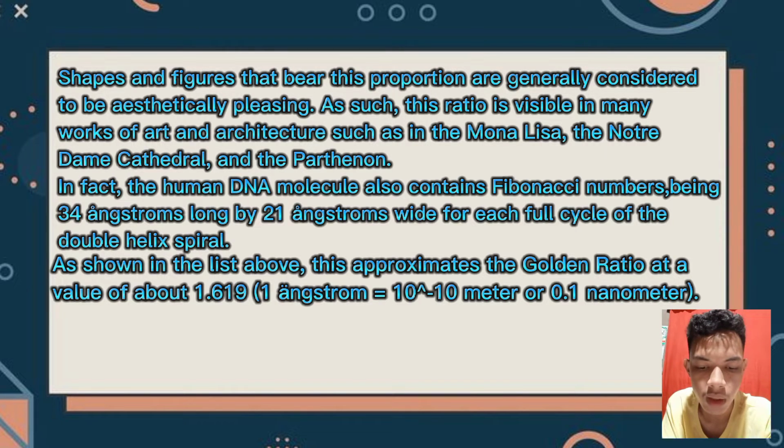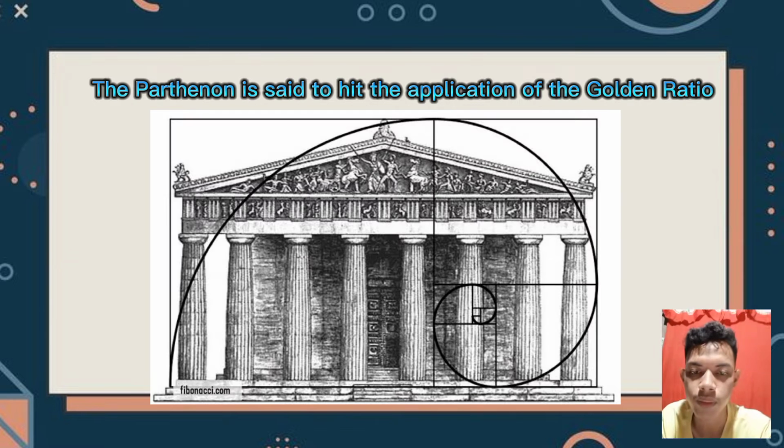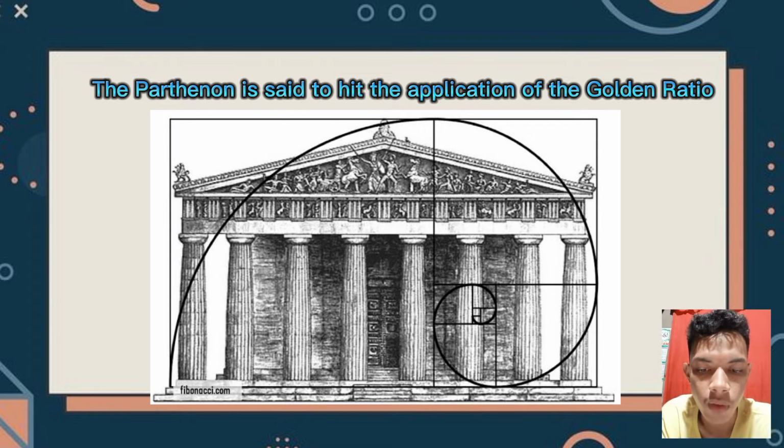As shown in the list above, this approximates the golden ratio at a value of about 1.619. 1 angstrom is equal to 10 to the negative 10 meter or 0.1 nanometer. So this is the picture of the Parthenon that is said to exhibit the application of the golden ratio.